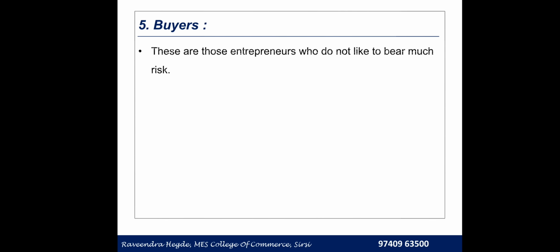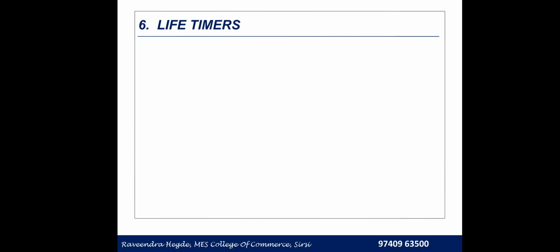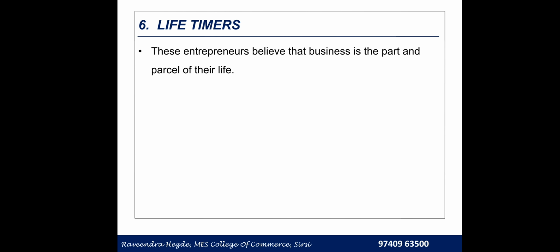Fifth one is the buyers. These are those entrepreneurs who do not like to bear much risk. Hence, in order to reduce the risk involved in setting up a new enterprise, they like to buy an ongoing one. And last one, sixth one, lifetimers. These entrepreneurs take business as an integral part of their life.